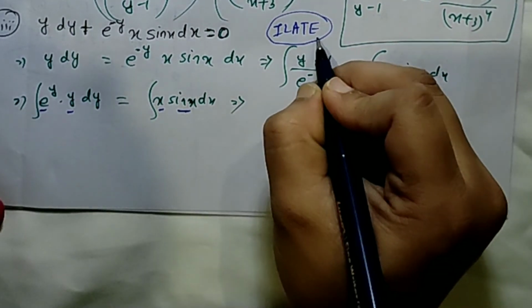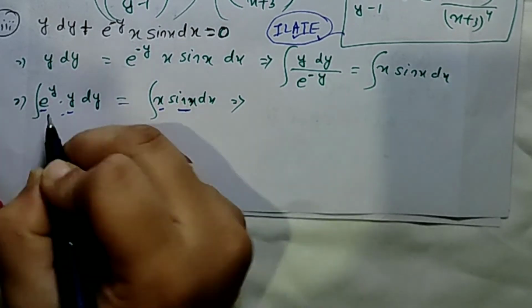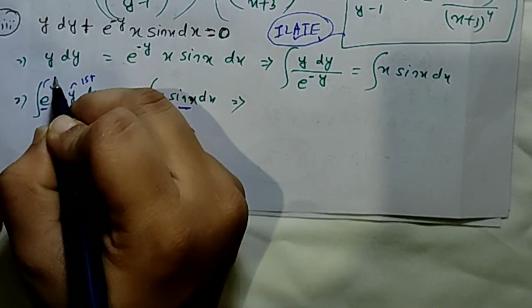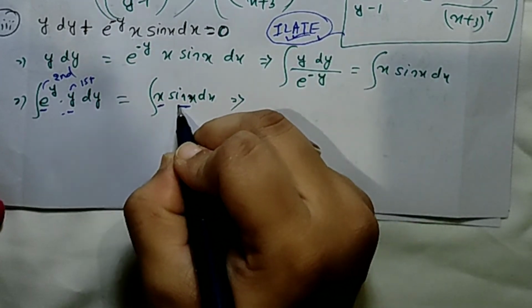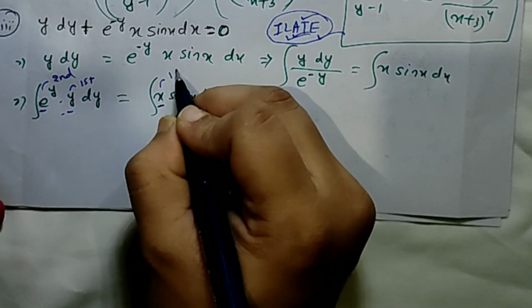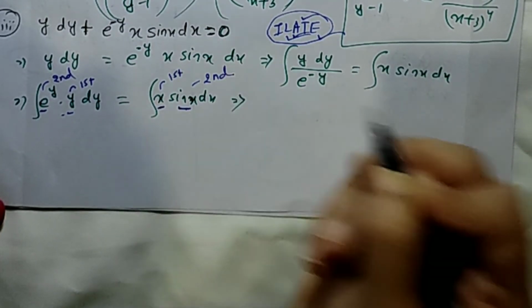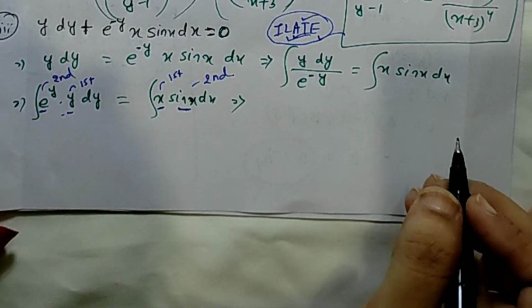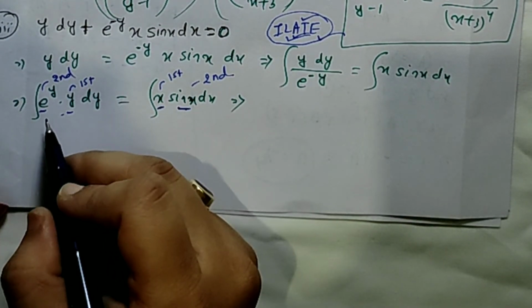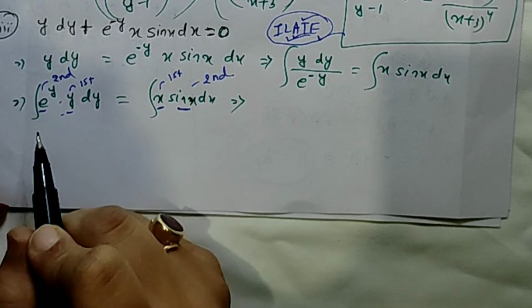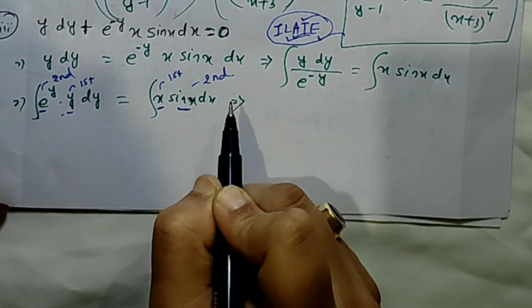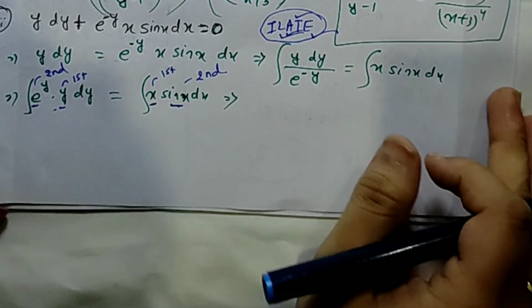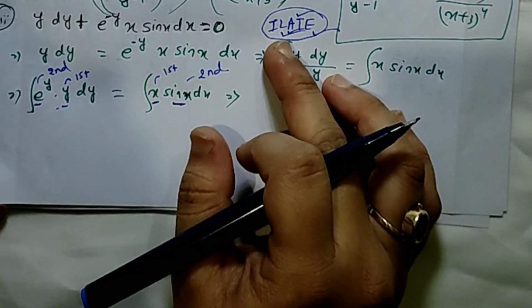Here e power y is exponential, y is algebraic, so y is first function, this is second function. Here x is algebraic and sin x is trigonometric, so this is first function, this is second function. So what is the formula? First function integration of second minus derivative of first function integration of second whole integration. Okay, we already did this.